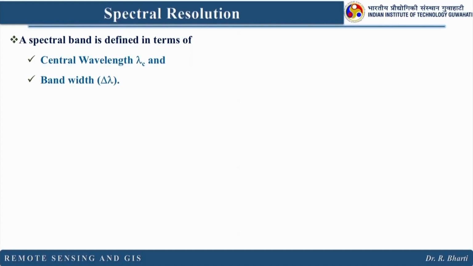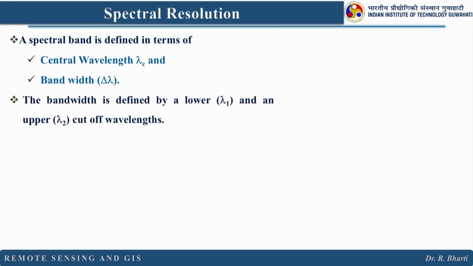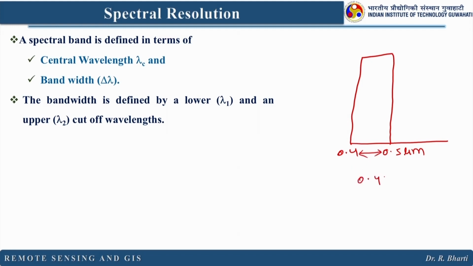In the next one, you can see a spectral band is defined in terms of central wavelength and bandwidth, right. Remember, this is for the 0.4 to 0.5 micrometer range, but there will be a central wavelength, that will be 0.45 micrometer, right.